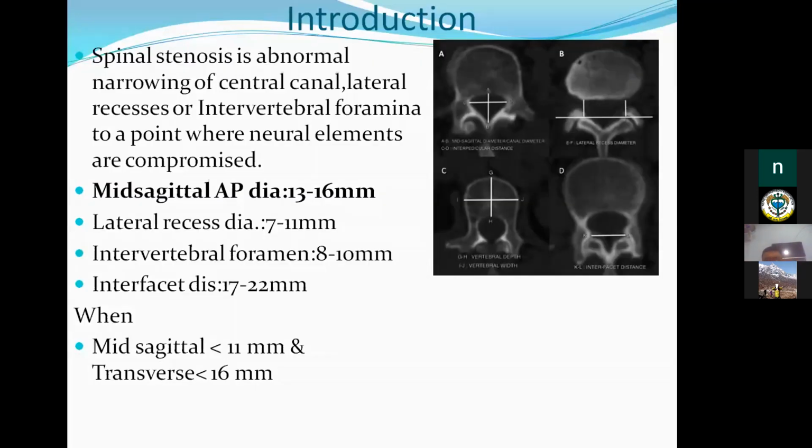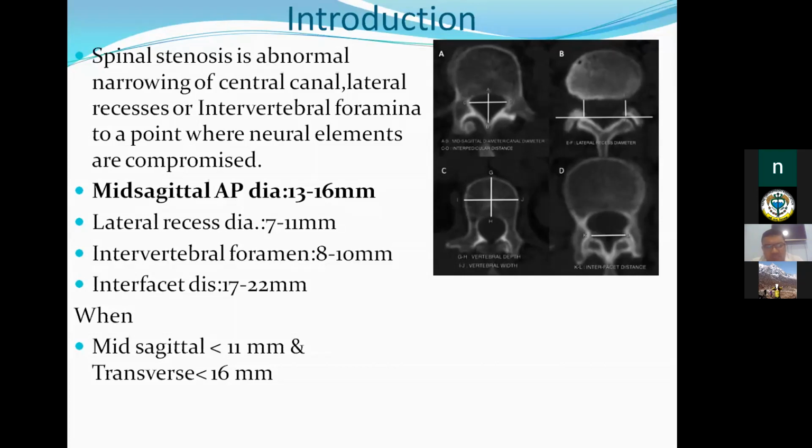Spinal stenosis is an abnormal narrowing of the central canal or intervertebral foramen to a point where neural elements are compromised. Though there are various radiological parameters, mainly we consider the mid-sagittal AP diameter, which is normally 13 to 16 mm.